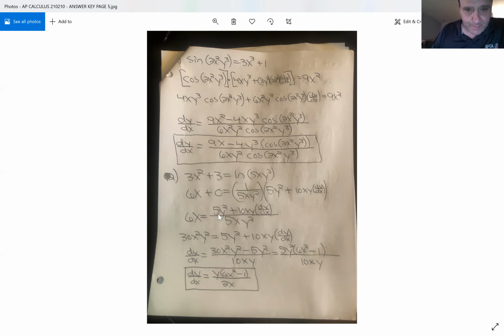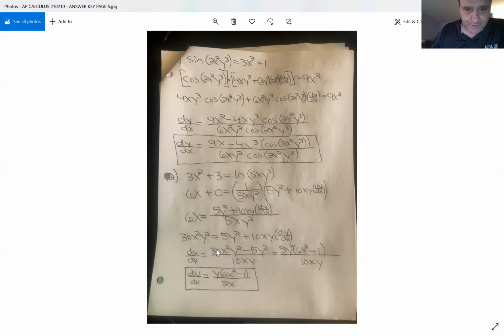Okay. So what I did here, I multiplied this binomial by 1 and rewrote it as a fraction. And then I just cross multiplied and solved for dy/dx. So the 30x squared y squared comes from 6x times 5xy squared. So 30x squared y squared minus 5y squared divided by 10xy.